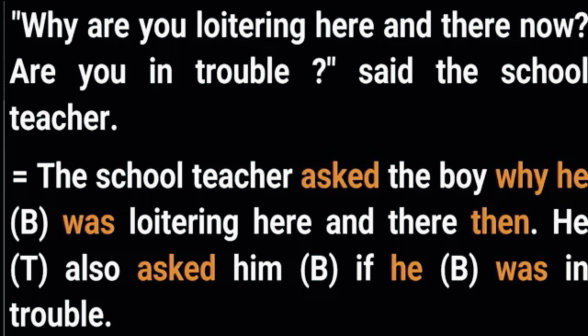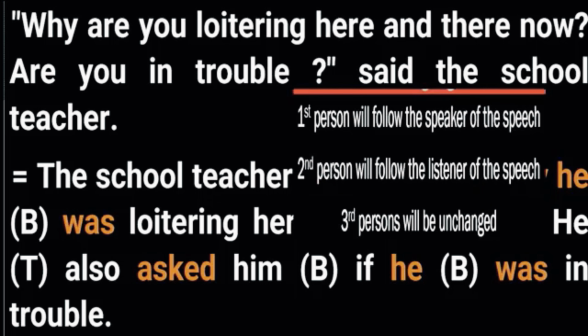See, here I have put asked, and then I have put the WH question. We said earlier that whenever you find a WH question in the sentence of reported speech, in that case the WH question will stay the same. So that's why I have put here why. Then I have put he. We are watching in the reported speech, the subject is you.